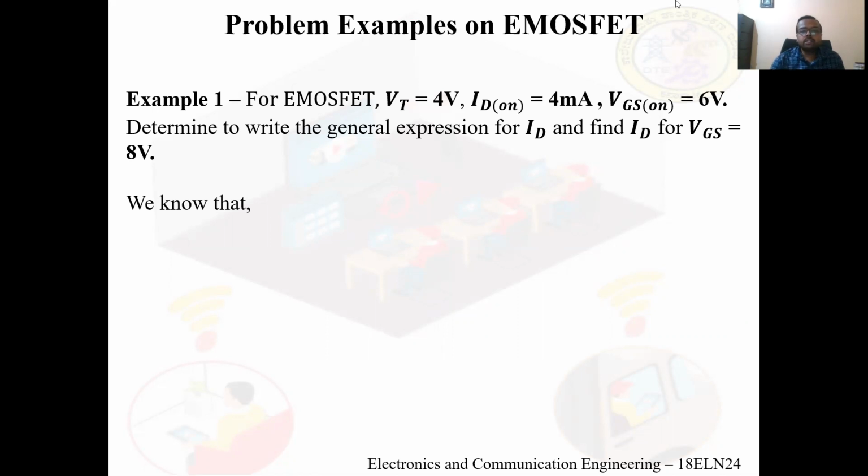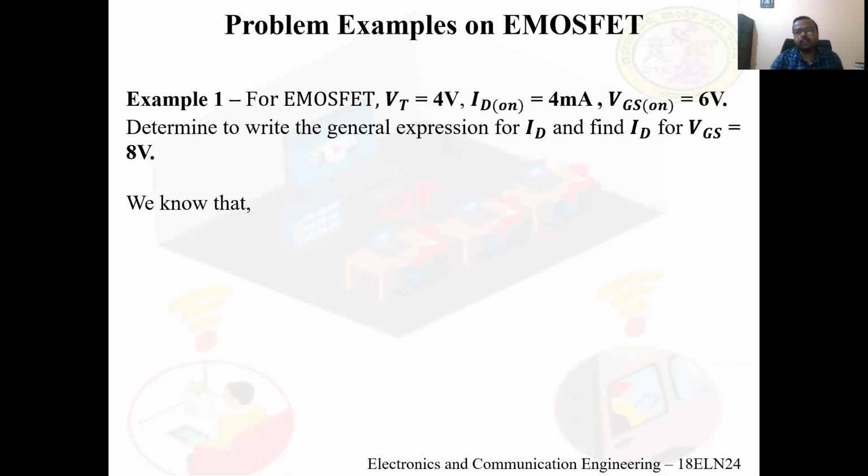Now, if you see in this problem statement, the VT value is given, the ID(on) is given, and VGS(on) is given. Using these parameters, first we need to calculate the value of constant K. Once we know the value of K, we can calculate the value of ID for VGS is equal to 8 volts. It means there are two parts to this.